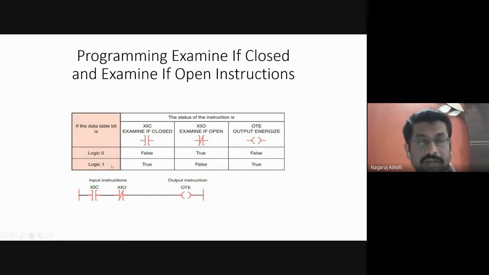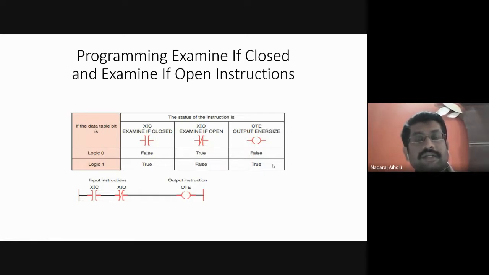Next, logical 1 condition. If the bit stored in the image file is 1, then XIC is true. XIO is false, and not of false is true. XIC is true and XIO is true, both are true, and hence the output will be energized.